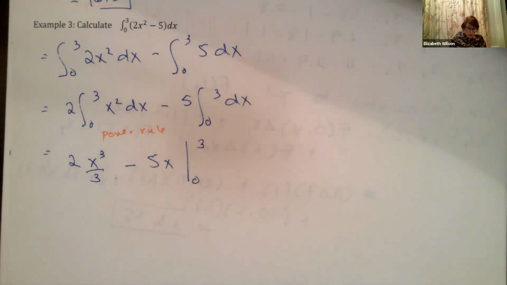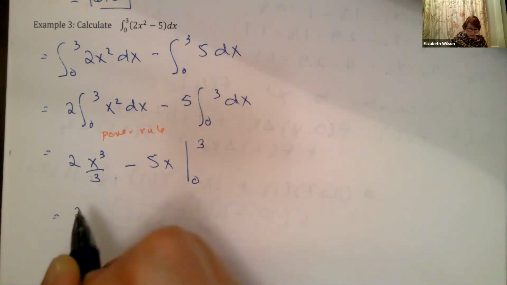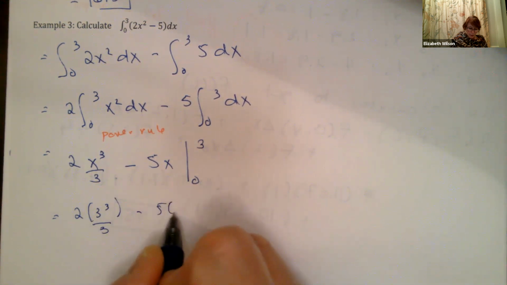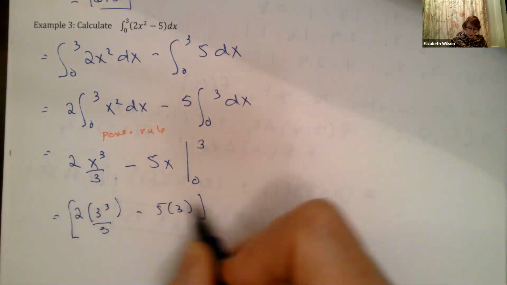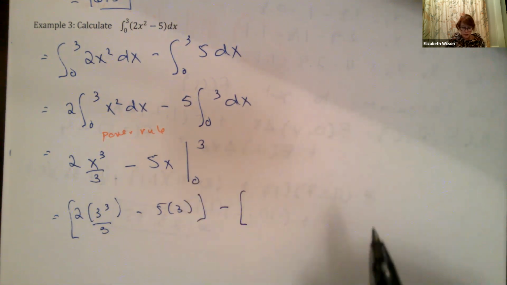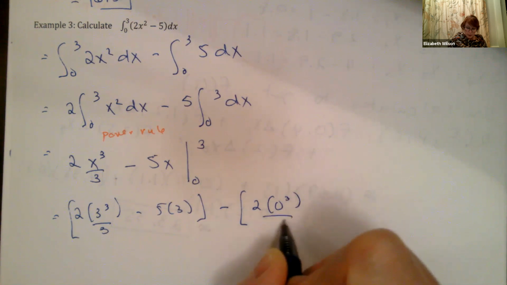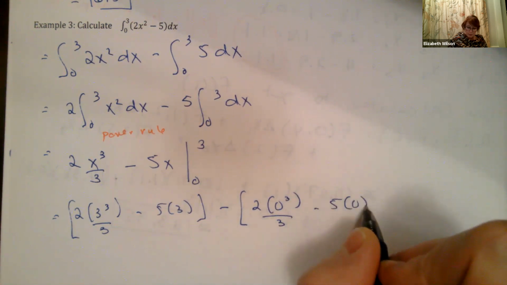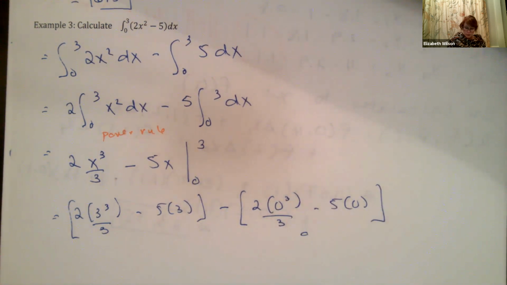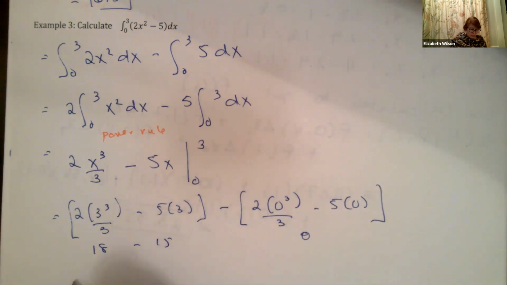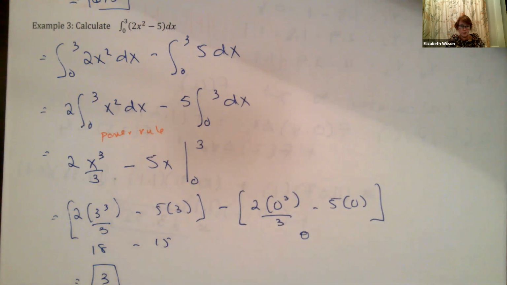Okay, so now we go ahead and do that. So it's going to be 2, 3 cubed all over 3, minus 5 times 3, minus, I'll plug in the zeros, even though that whole thing's going to go to 0, 2, 0 cubed over 3, minus 5 times 0. Okay, so this whole thing goes to 0, right? And this is 18 minus 15, so this area is equal to 3.